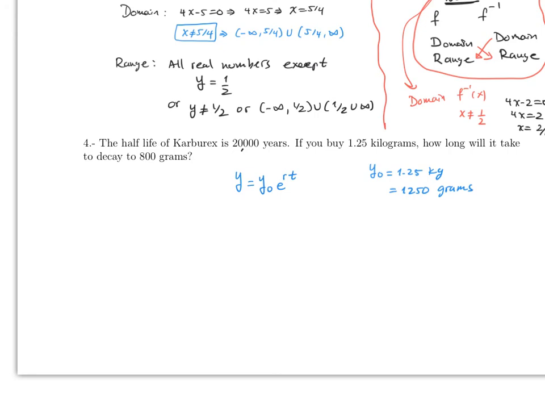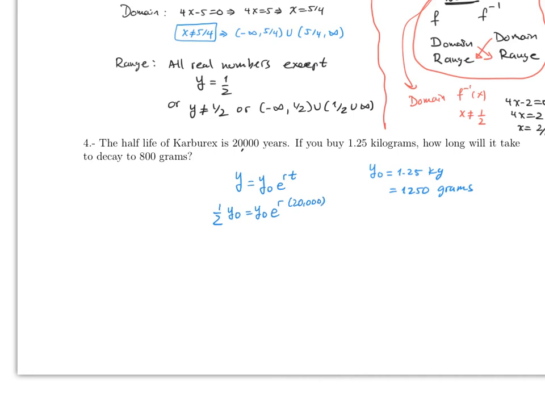So from here you have 1/2 of y0 equals y0 times e to the r times 20,000, because that's how long it takes to get to the half-life.